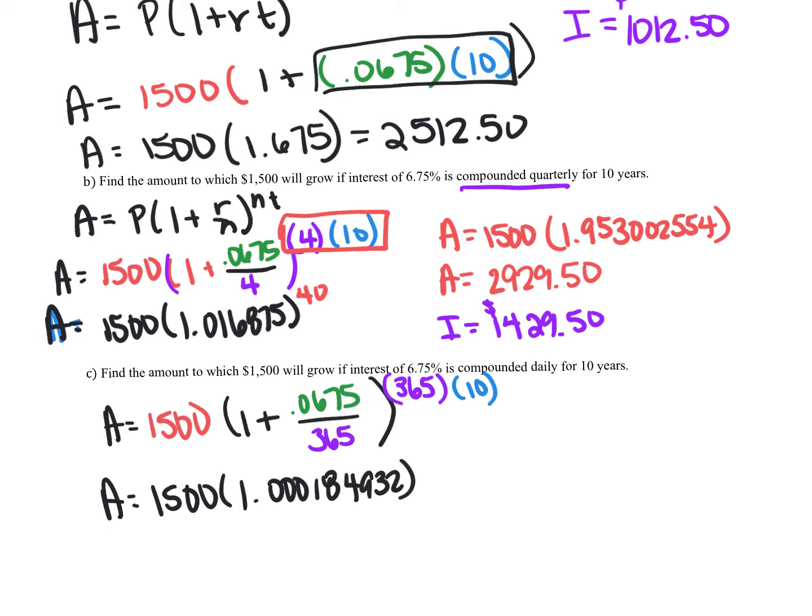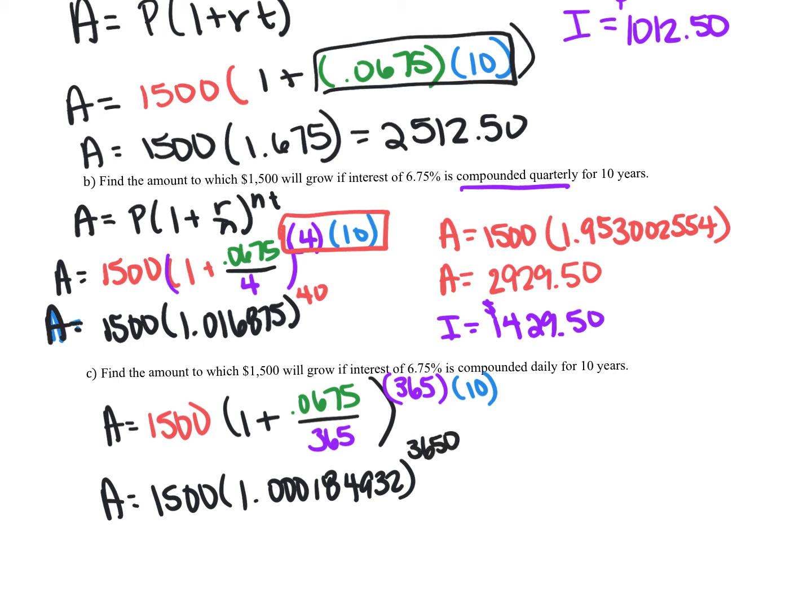If you compare this number to the number when we compounded quarterly versus annually, notice that this growth rate is getting smaller. It's getting smaller, but it's going to occur more often. Because now if I do 365 times 10, I'm going to have 3,650 compounds occurring in this period.